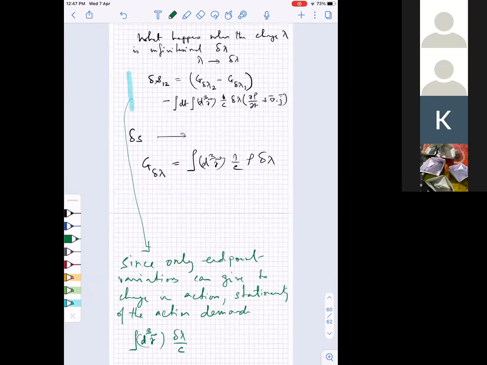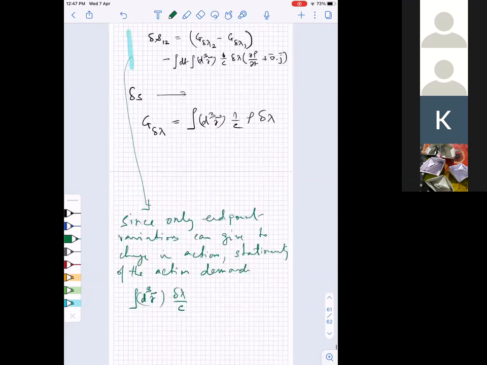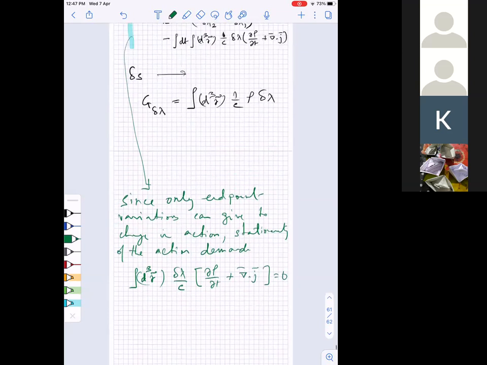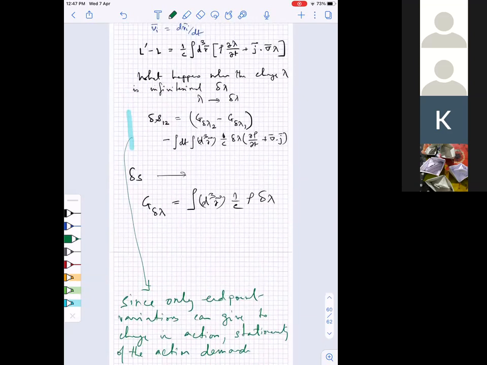The second part of this delta S comes from there by C. Then del over del T plus divergence of J.